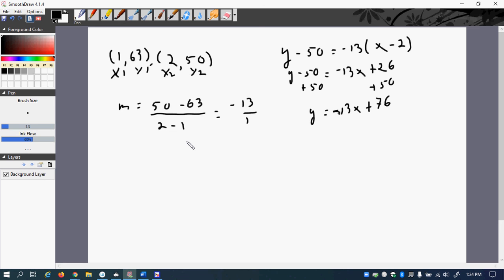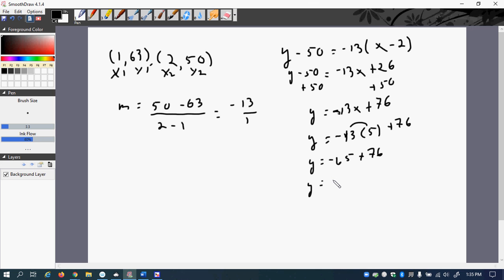Okay, and then it finally says, estimate the air temperature 5 miles high. So 5 miles high, so I'm going to go y equal to negative 13 times 5 plus 76. So this is negative, so that makes it negative 65 plus 76.